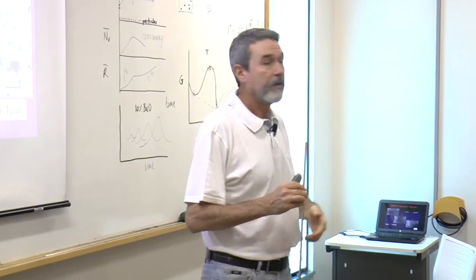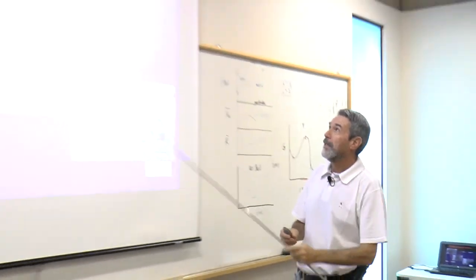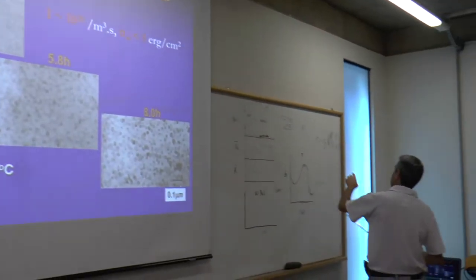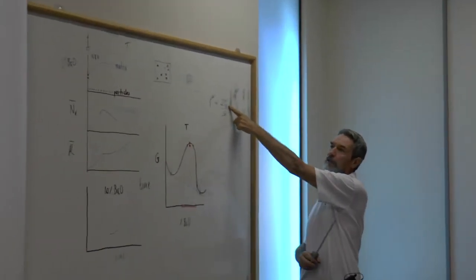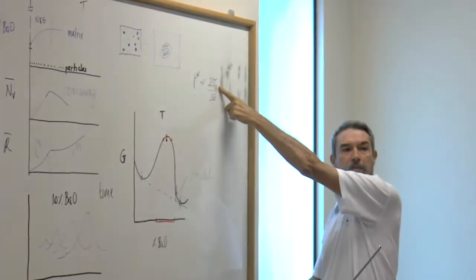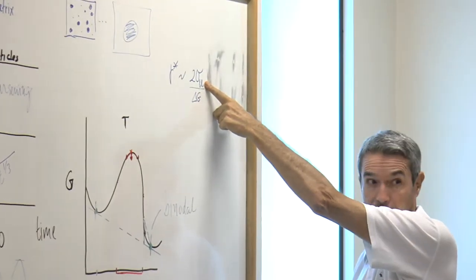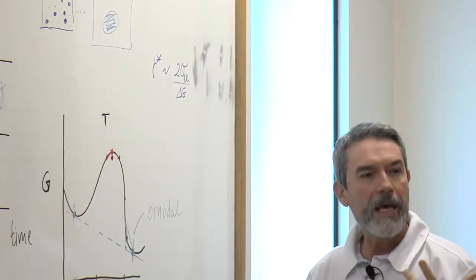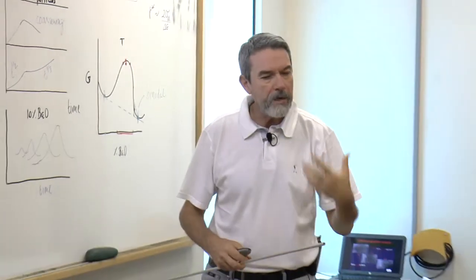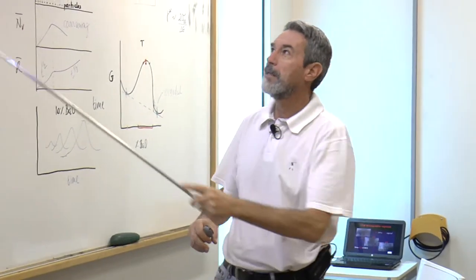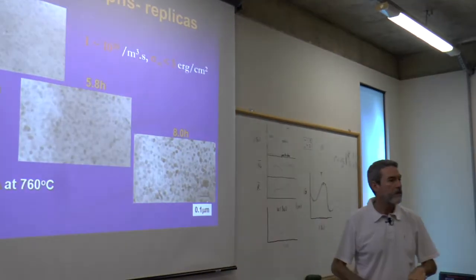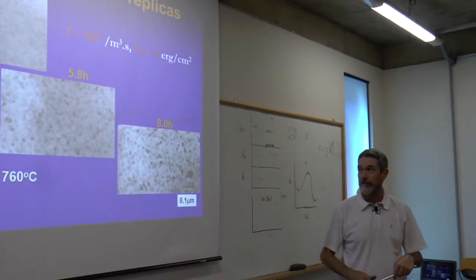Many, many droplets form. And the estimated surface energy, this surface energy here, a liquid forming inside the other liquid, estimated, I can tell you next class how you estimate this, it's about 5 ergs per square centimeter.